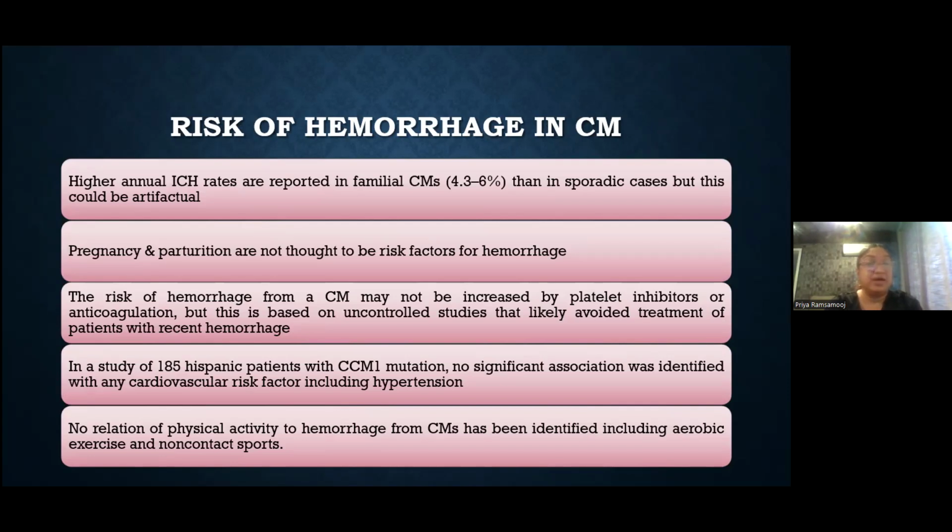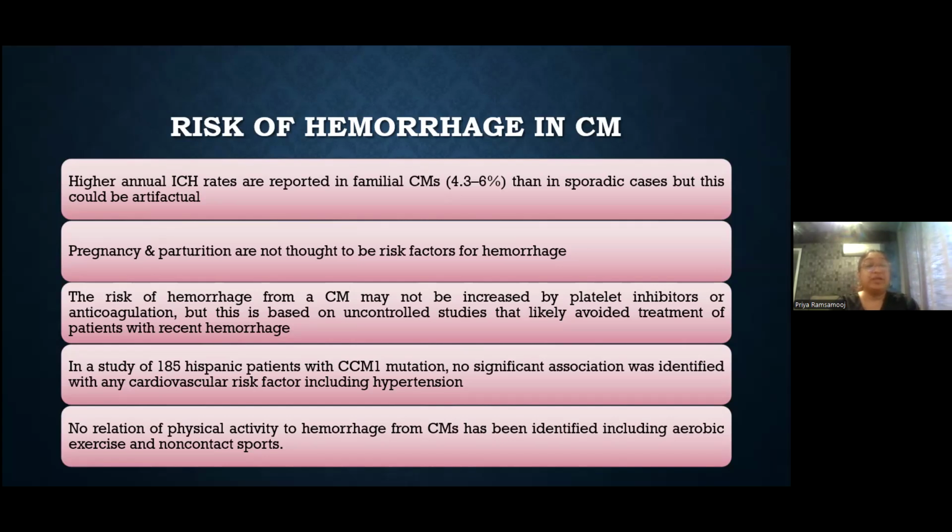Again, pregnancy and parturition were not thought to be risk factors for hemorrhage in this population, right? And we would have gone through already the use of platelet inhibitors or anticoagulation in these patients. And they've also found that there was no significant association with any cardiovascular risk factors, such as hypertension, we know that this is linked heavily in AVMs and aneurysms, right?